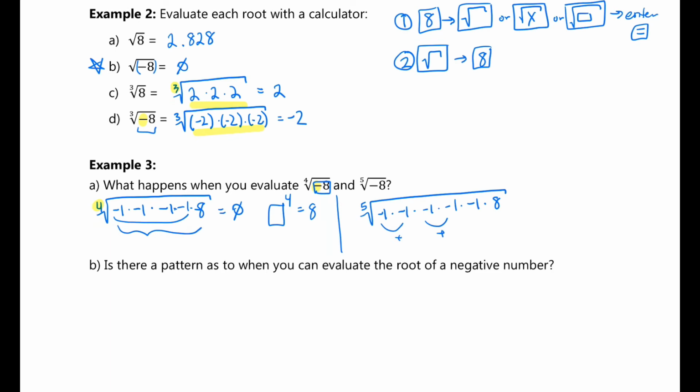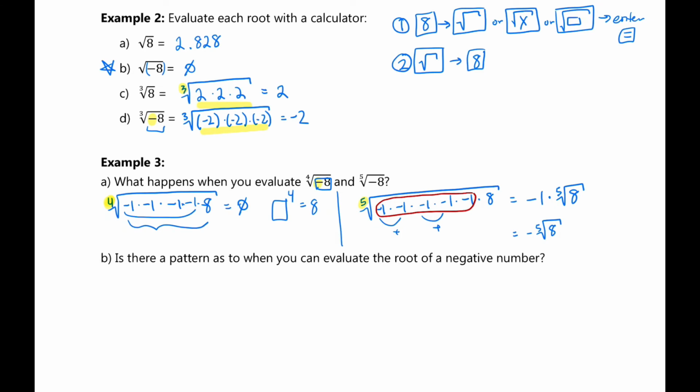Let's count: 1, 2, 3, 4, 5. We have 5 of -1, so we can take that 1 out. So it's -1 times the fifth root of 8, which is equivalent to -(fifth root of 8). And this value actually exists. It's not an error. It actually exists.